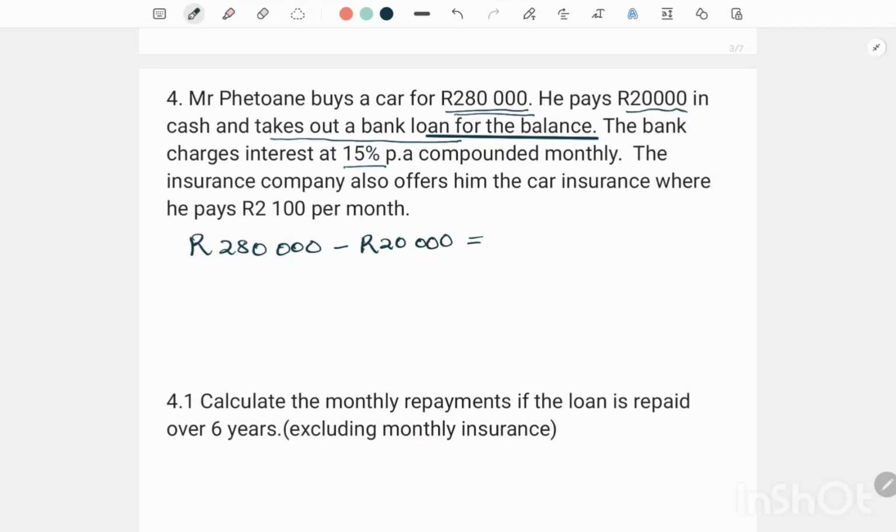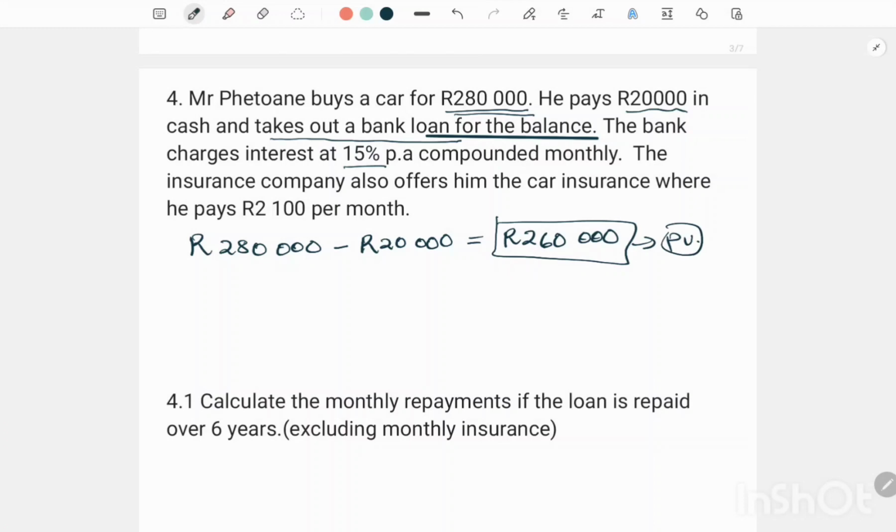So 280,000 minus 20,000. So it means the present value, the PV, will be 260,000. He has to work on that.